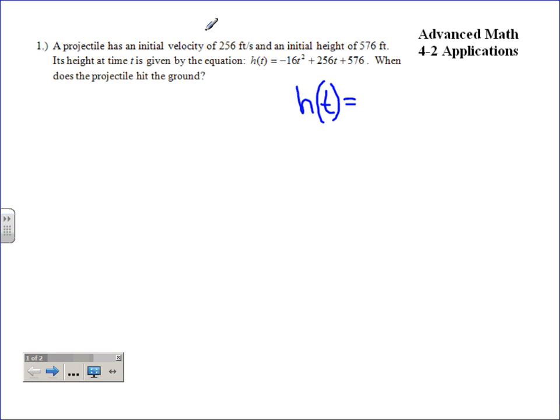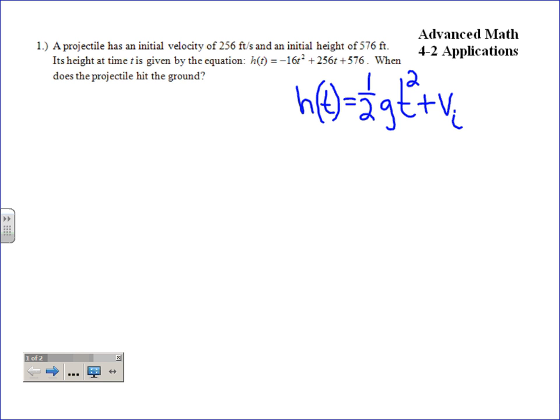You can use 1/2 G T squared. Obviously you know the T is time. We'll talk about the G in a little bit. Plus, you can do this a lot of different ways. This other one, I normally do V sub 0, some do V sub I. Whatever you want to do, it doesn't really matter.